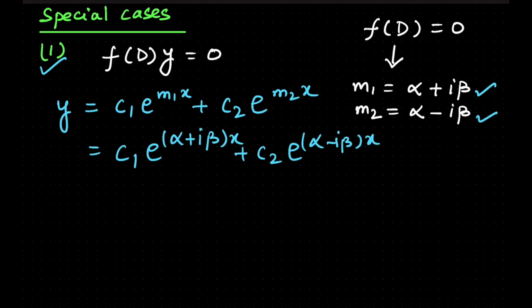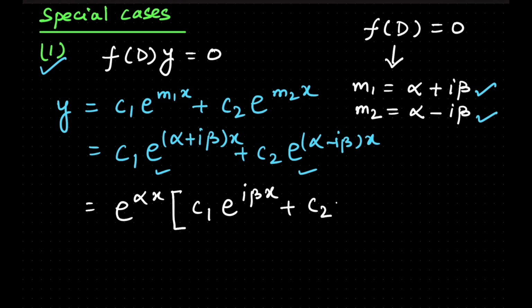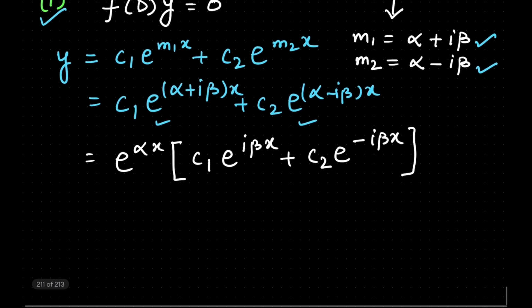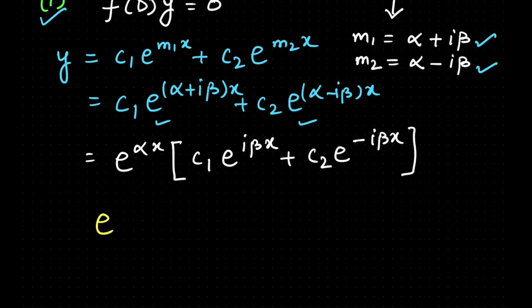Now you can take out e to the power of alpha x as common from both sides. So inside you will be left with c1 e to the power of i beta x plus c2 e to the power of minus i beta x. Now we will use our expansion formula of e to the power of i theta, which is cos theta plus i sin theta.